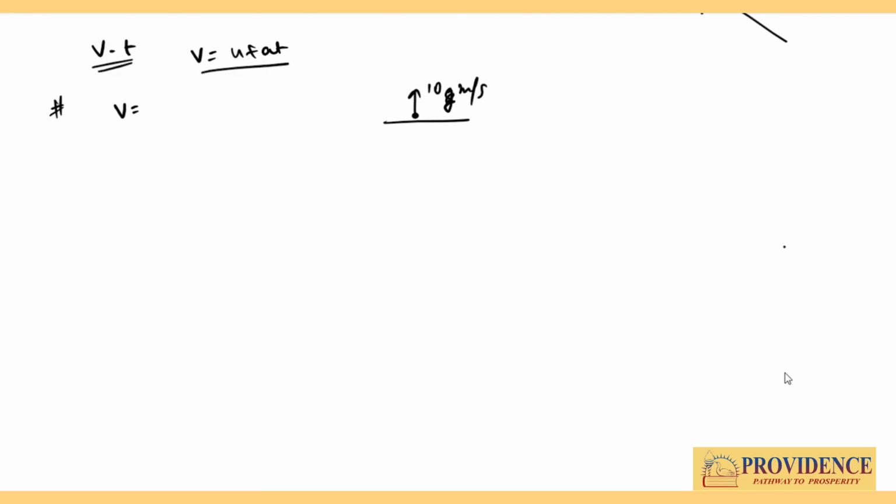Let us take the example, say given v equals u plus at in an equation of this form. That means suppose you are given v equals 10 plus 3t.